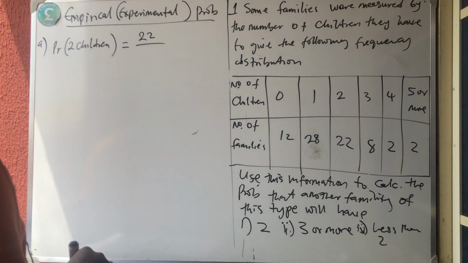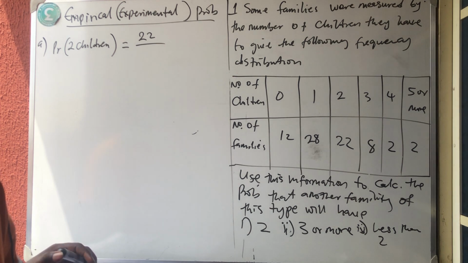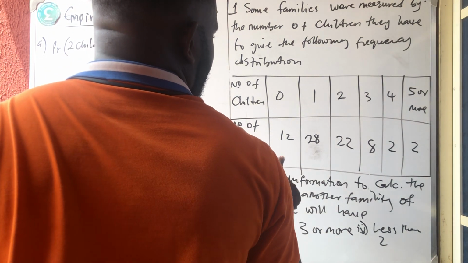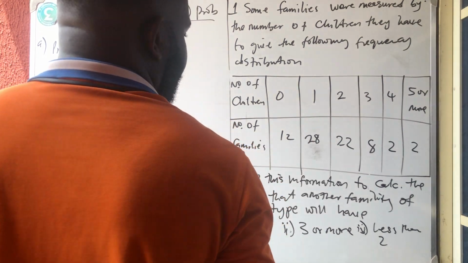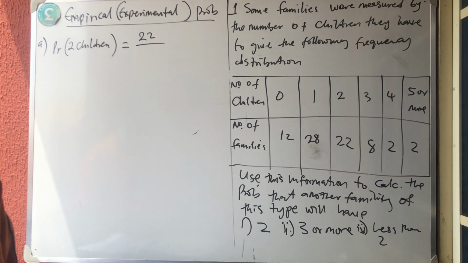How many families? Sorry, the number of families that were measured. Okay, they measured how many families here? 12 plus this, in fact everything is 72.